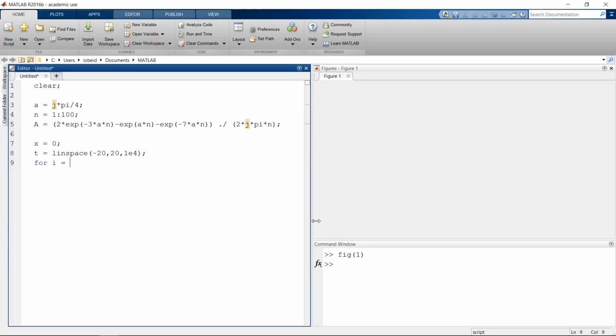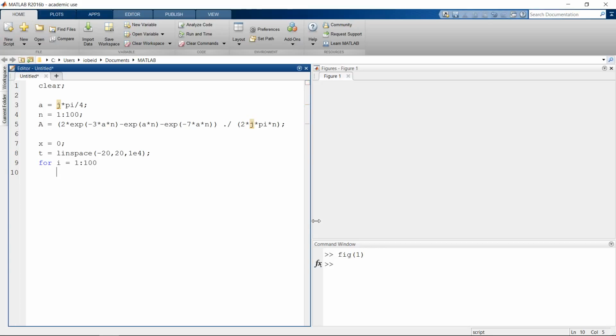So for i equals 1 to 100. We know that the frequency omega is going to equal 2 times pi times the ith value of n over T, and let's tell it that T is 8 seconds.